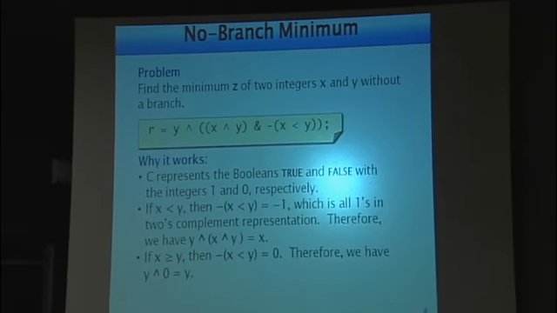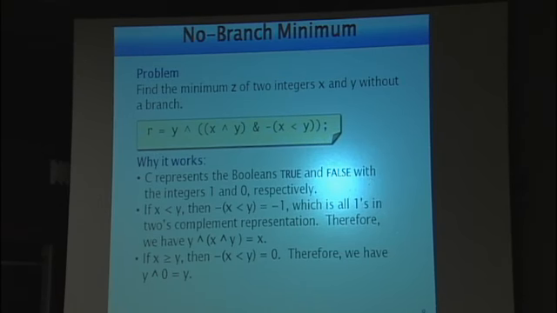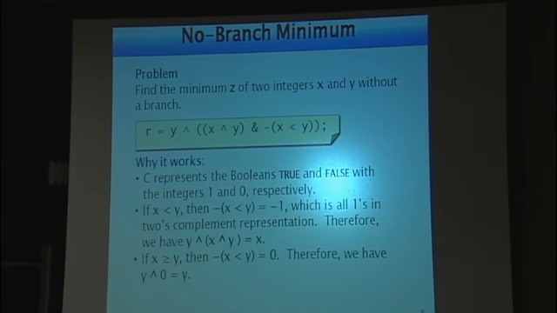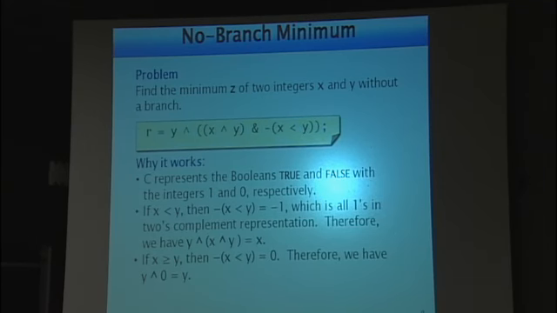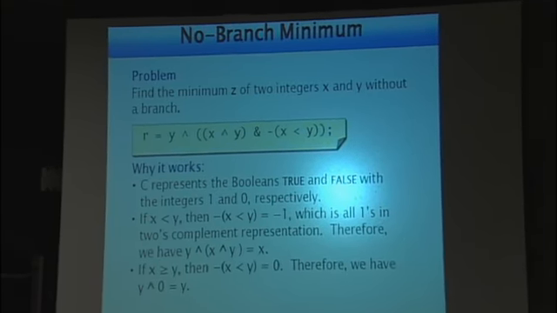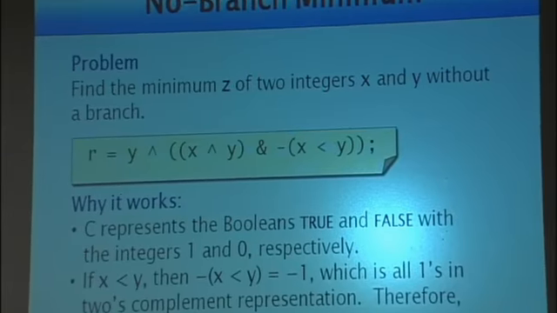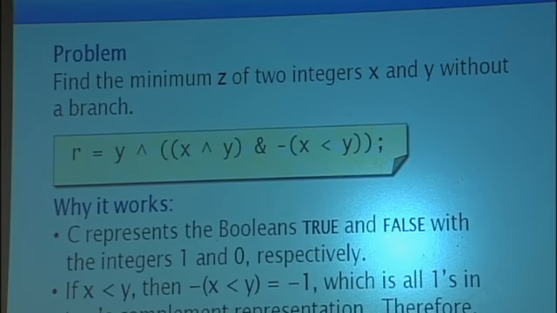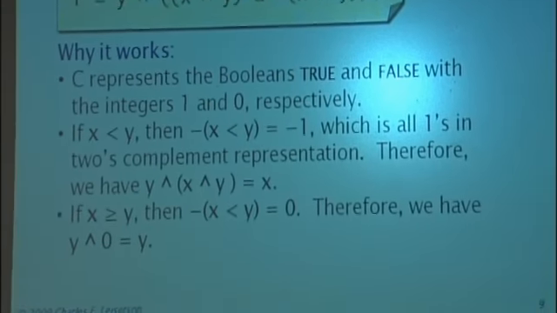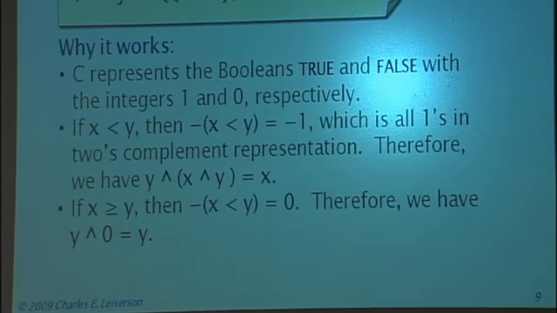Okay? What is going on there? So here we go. We're taking x less than y and taking a minus sign. Yike. What's that do? Well, C represents the Booleans true and false with the integers 1 and 0 respectively.